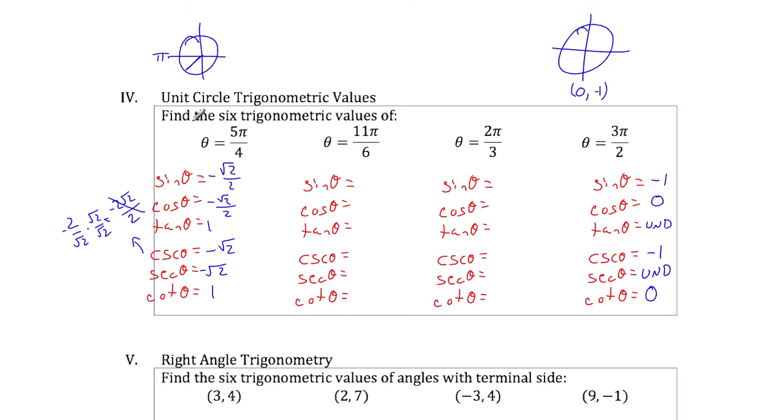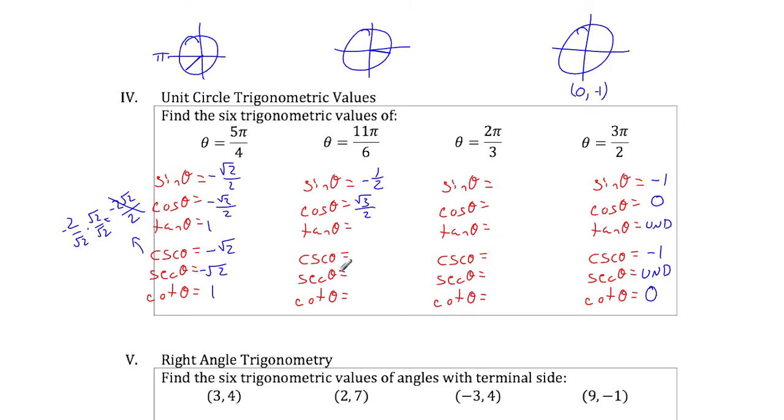Okay, sine of 11 pi over 6. That's really close to 12 pi over 6, which is in quadrant 4. Pi over 6 has a cosine of root 3 over 2. So the sine is negative, and so that is negative 1/2. Cosine is positive root 3 over 2.